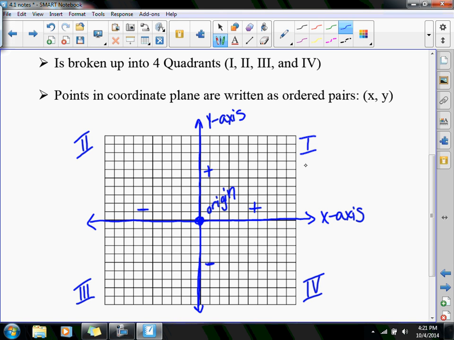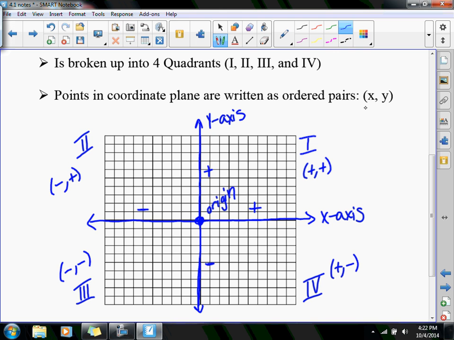So like I said, that first quadrant has all of the positive values for its ordered pairs. In the second quadrant, you're going to have negative and then positive. So you'll go to the left first and then up to get into the second quadrant. The third quadrant is all of the negative values because you move back and down. And the fourth quadrant has positive and then negative values because you move to the right, which is positive, and then down, which is negative.